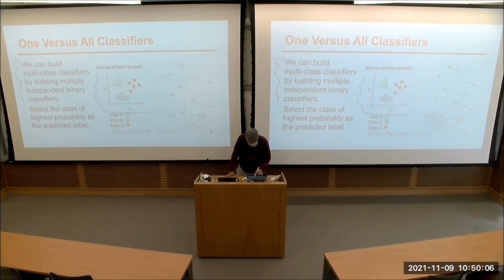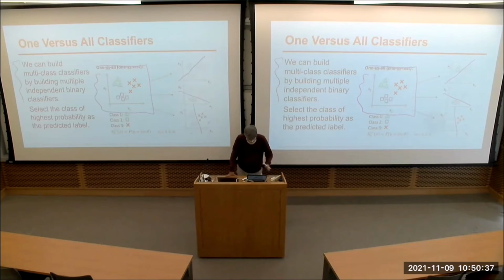Suppose we have a world where there are 3 classes: triangles, crosses, and boxes. We could label the world into triangles and non-triangles, boxes and non-boxes, crosses and non-crosses, and train a class separator for each of these 3 cases.